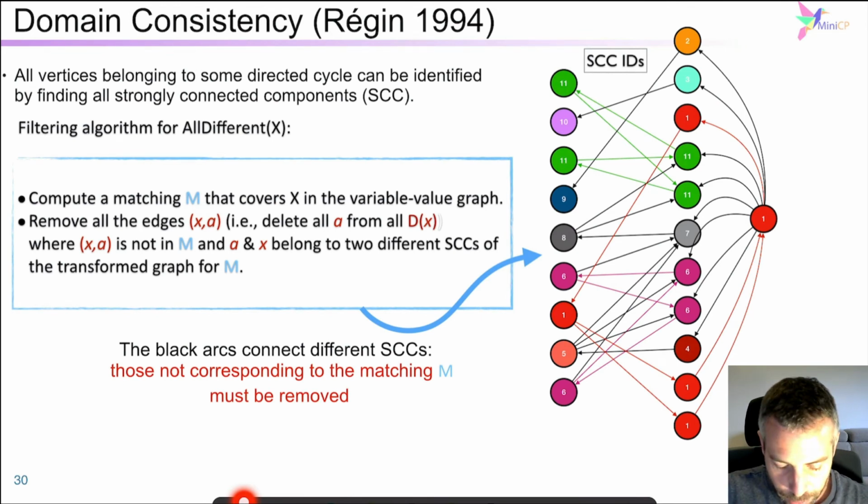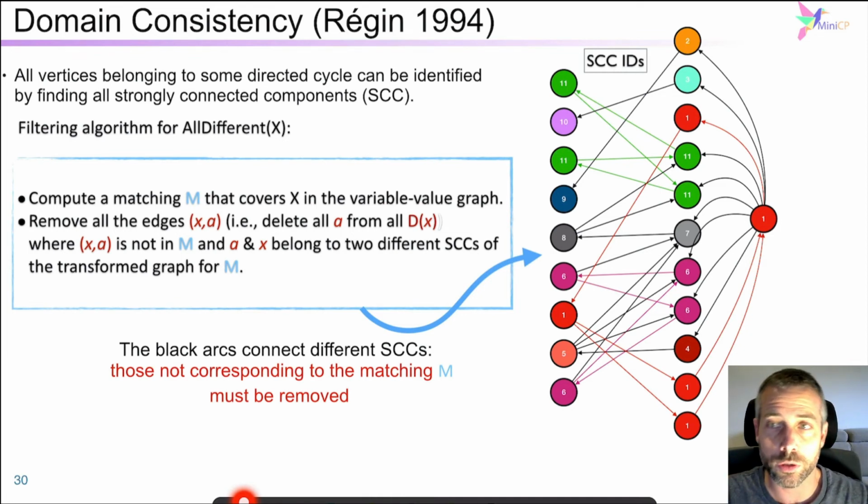So let's wrap up the filtering algorithm of Jean-Charles Régin introduced in 94 for the AllDifferent constraint. First, you compute the maximum matching that covers the variables in the variable value graph. Then you remove all the edges XA that do not belong to some maximum matching.